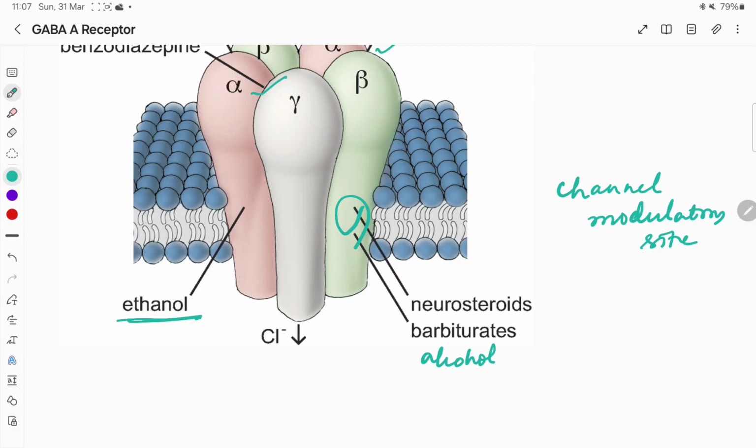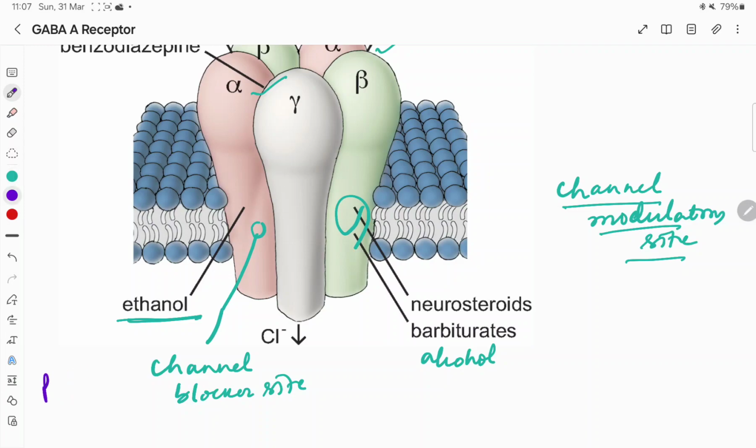There is another site also called the channel blocker site, to which channel blockers like picrotoxin act. Picrotoxin we use experimentally as a convulsant to induce convulsions in rodents.